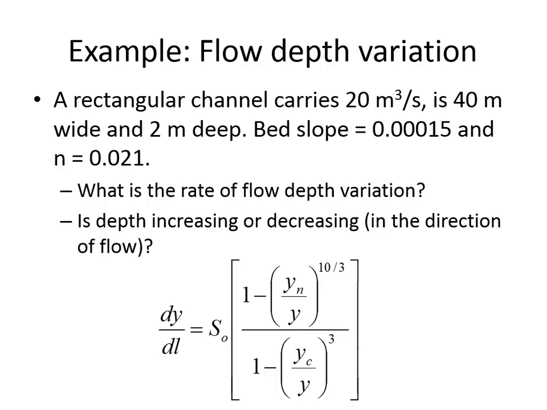This 1.39 times 10 to the minus 4th is the slope of the water with respect to the channel bottom. So this is the rate of flow depth variation relative to the channel bottom. And so if we're using the channel bottom as a datum, we say the flow is getting deeper or shallower depending on what's happening to this dy/dl. And in this case, what we know is that it is going to be getting deeper because it's positive. So the other thing I'm going to write is, since the sign is positive, the flow depth is increasing.